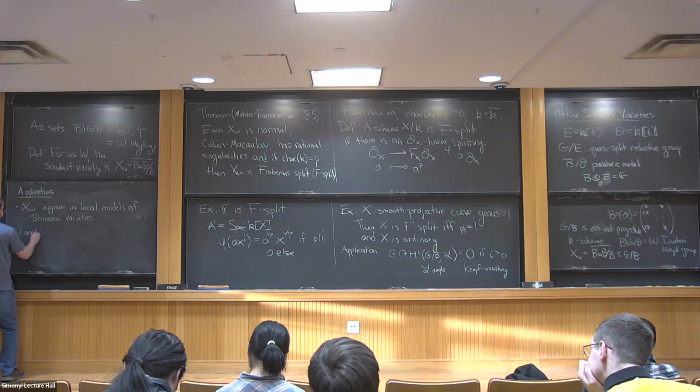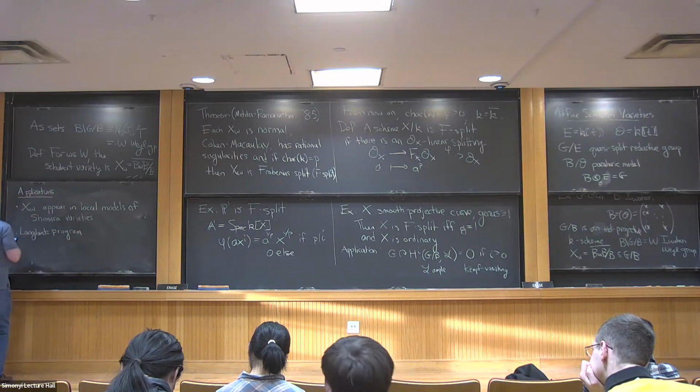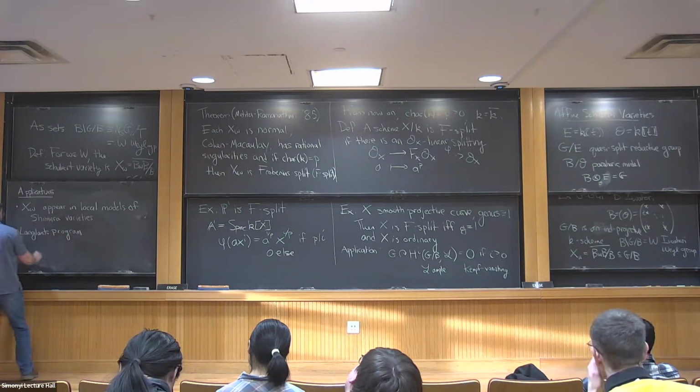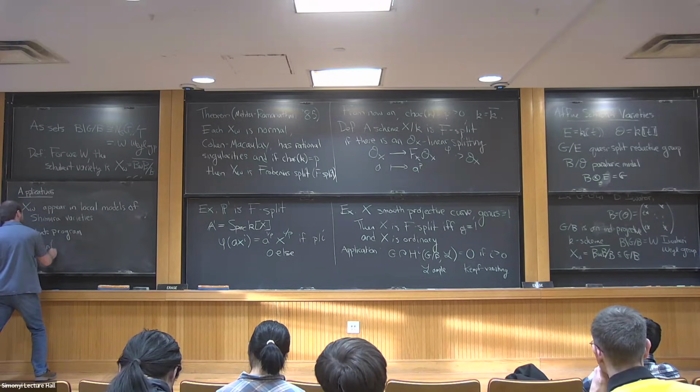And also from the perspective of the Langlands program and geometrizations of the Langlands program, using affine Schubert varieties or affine flag varieties allows you to upgrade certain Hecke algebras.